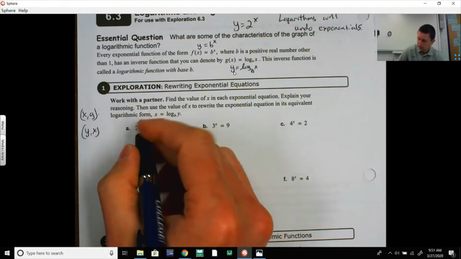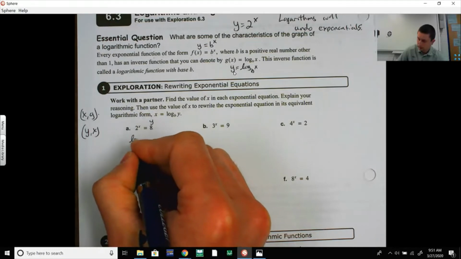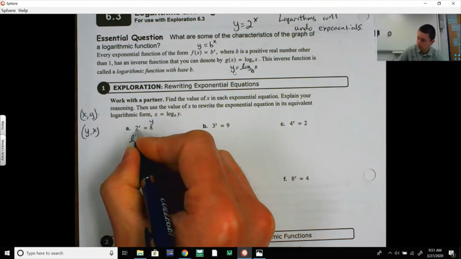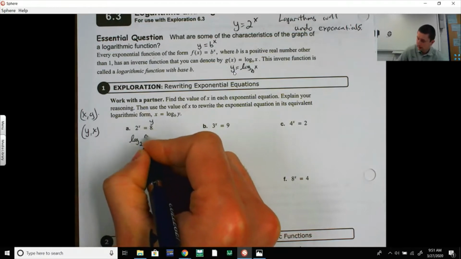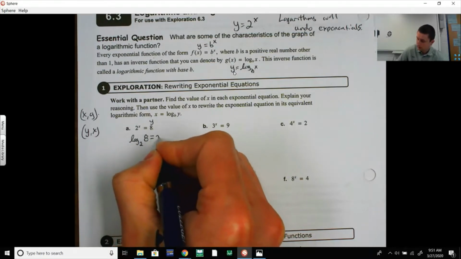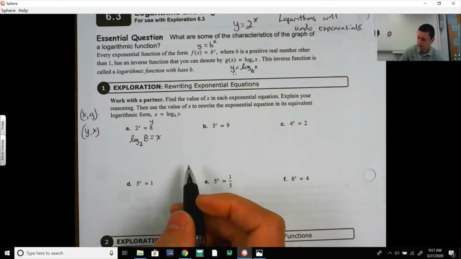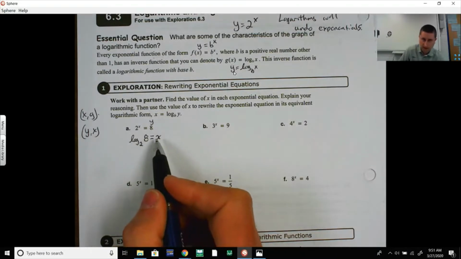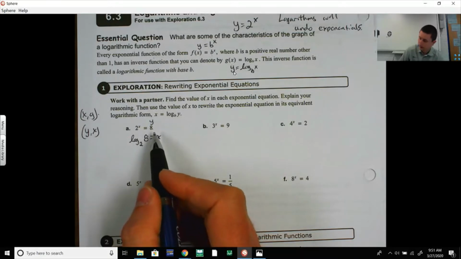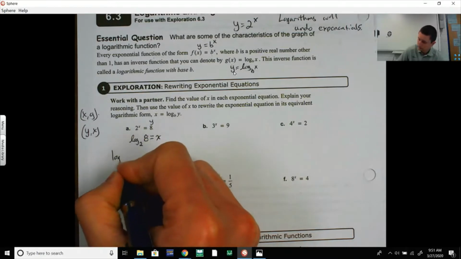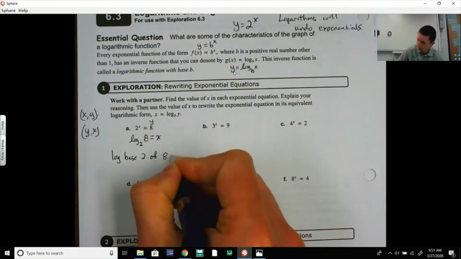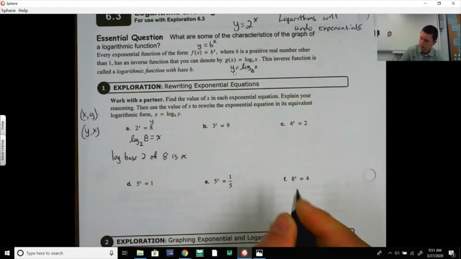The logarithmic equation would say, okay, I'm going to take the log, I'm going to have a base of 2, because your base is 2, of 8, and then that's going to equal the x, because now you're solved for x. Log base 2 of 8 equals x. That's read log base 2 of 8 equals x.